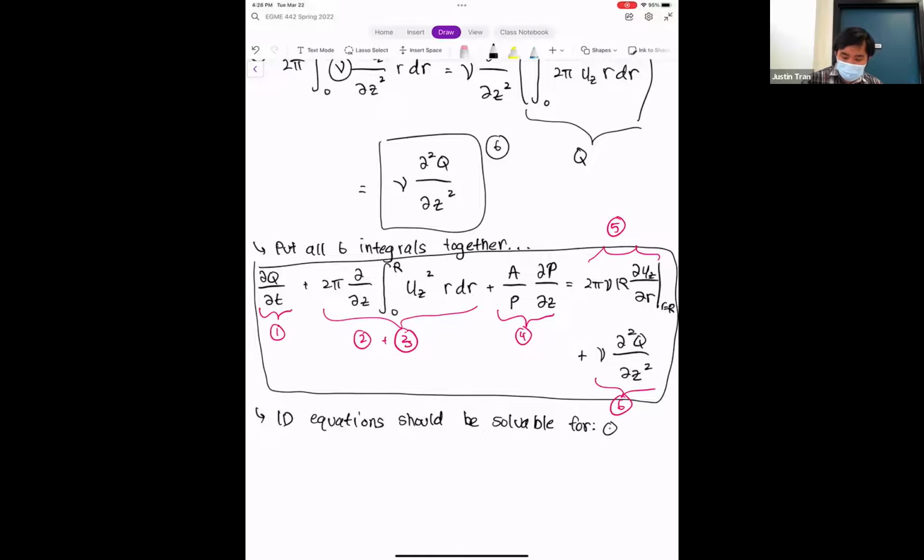The first quantity is Q, right? And so we should be able to solve for flow rate from these. And the other one was cross-sectional area, right? So Q and A.